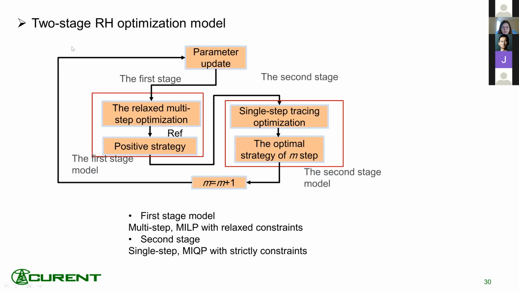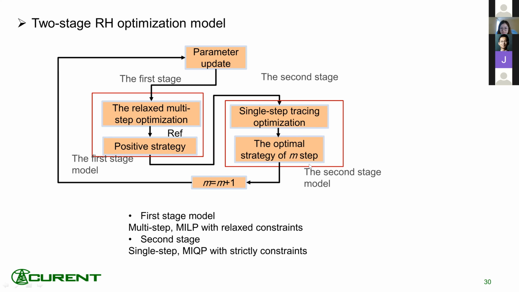And there is also a two-stage process for the optimization model. This is because it is really hard to solve a multi-step one. So we find a way to relax the multi-step optimization model and use the result of the first stage as a reference to the second stage.